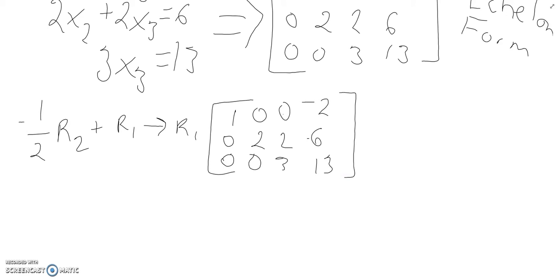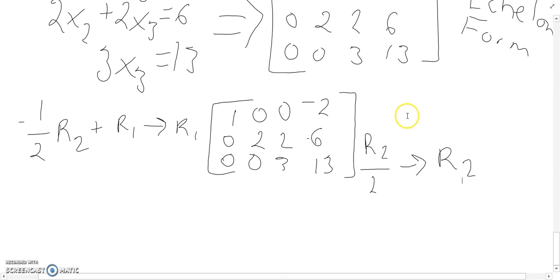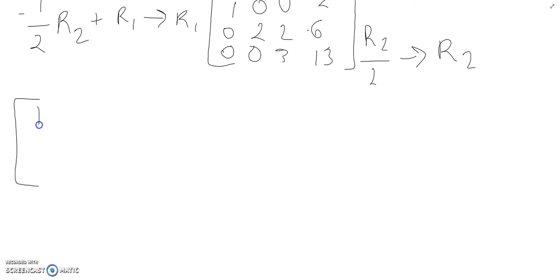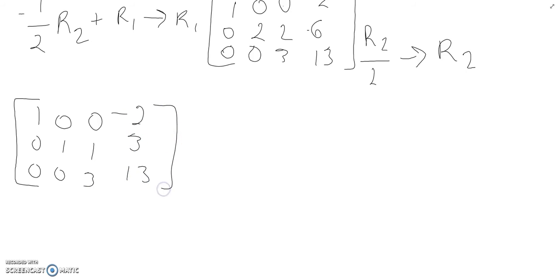I'm going to divide R2 by 2 and put that into R2. The next matrix is going to be 1, 0, 0, 0, 1, 0, 0, 1, 3, negative 2, 3, and 13. So that's our next step.